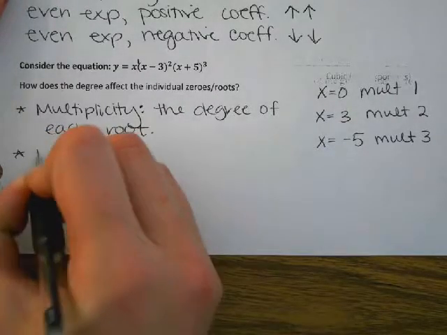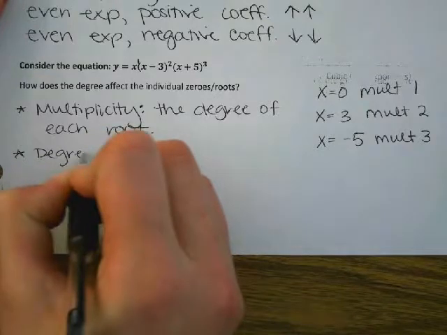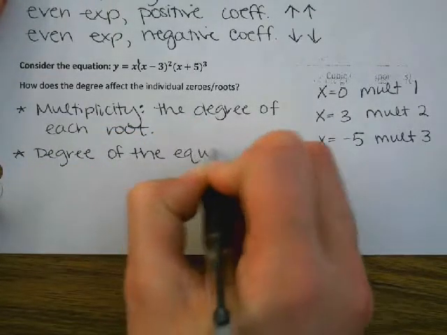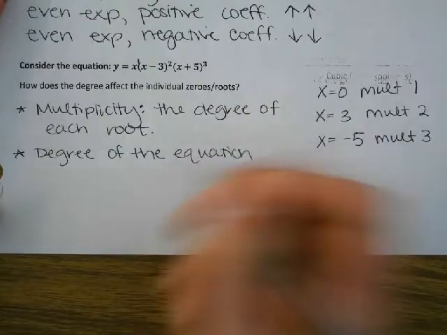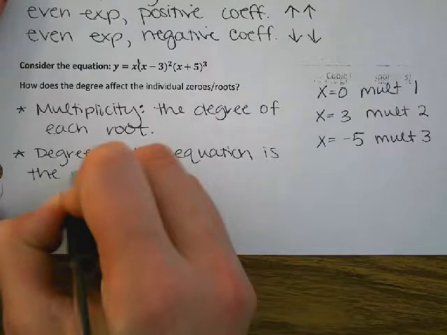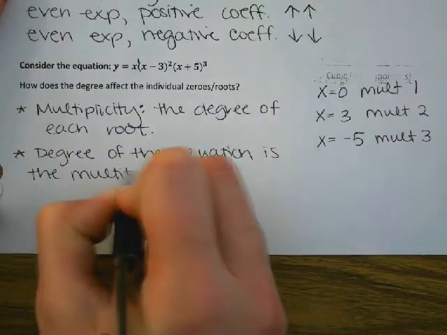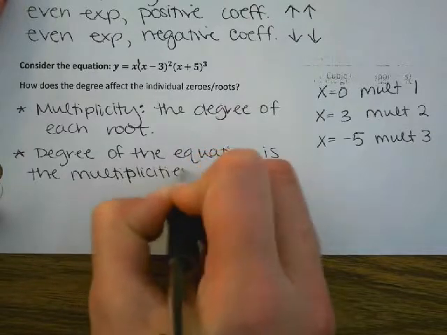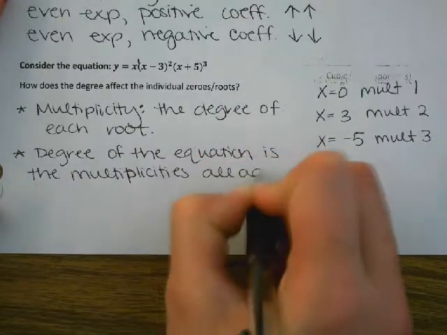We're going to say the degree of the equation is the multiplicities all added up.